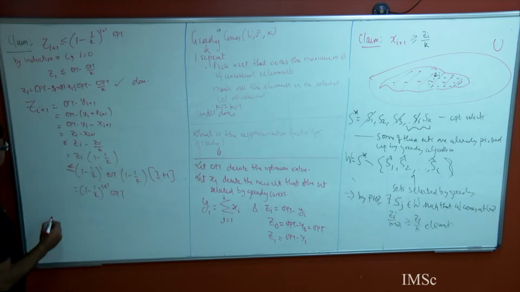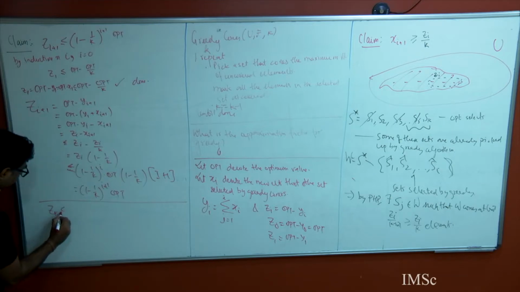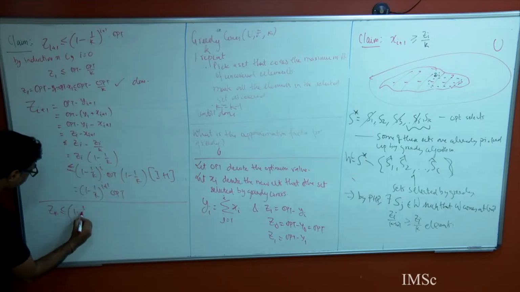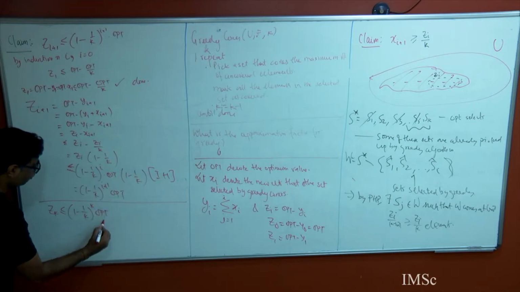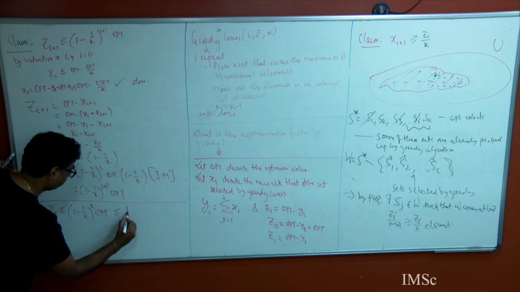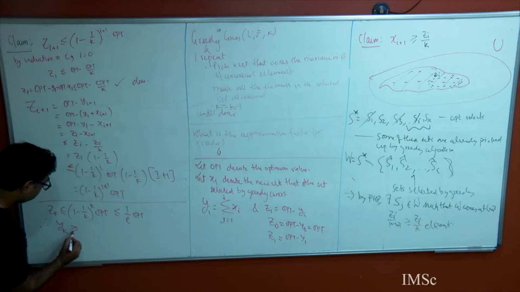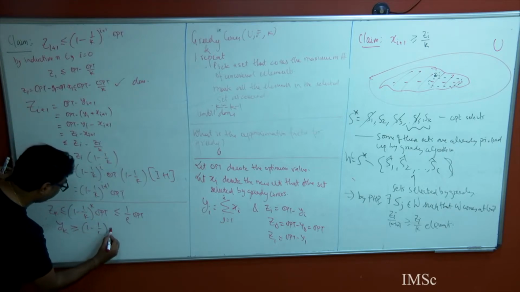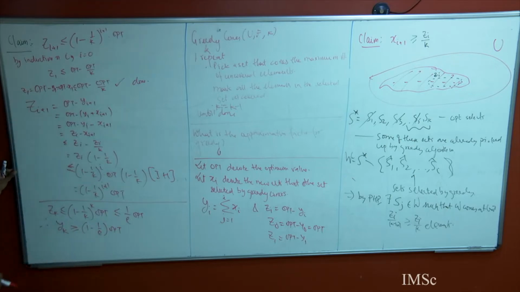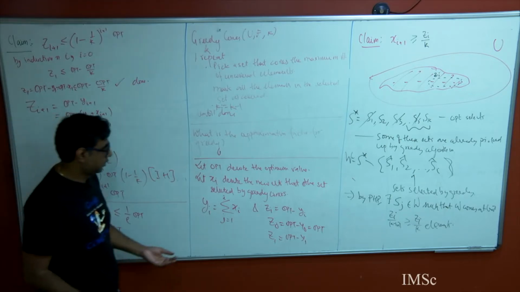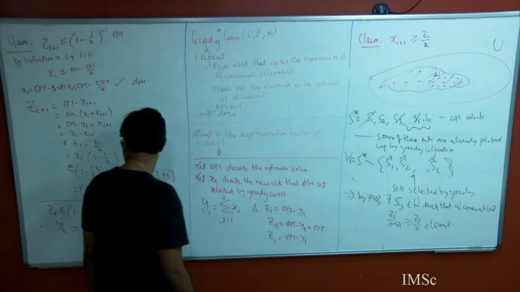Okay. So now what do we have? What is Zk? Zk is less than or equal to 1 minus 1 over k to the power k times opt, which is nothing but less than or equal to 1 over e times opt, right? So hence Yk is at least 1 minus 1 over e times opt.